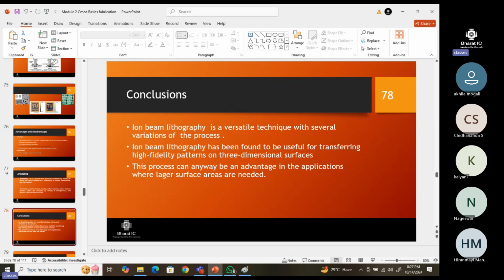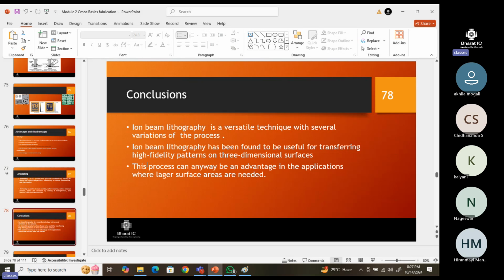The process can also be advantageous where a larger surface area is needed. For the smaller one it is not needed, but where a larger surface area is needed, ion beam lithography is very useful. So these are some of the benefits of ion beam lithography across the industry.